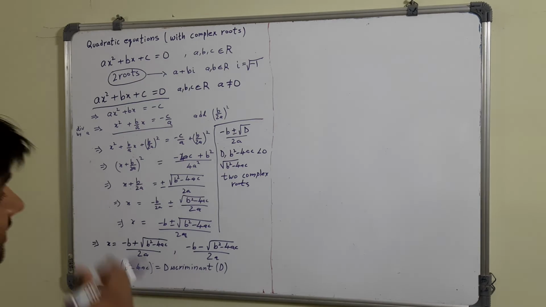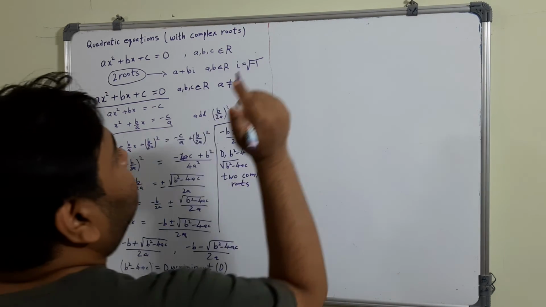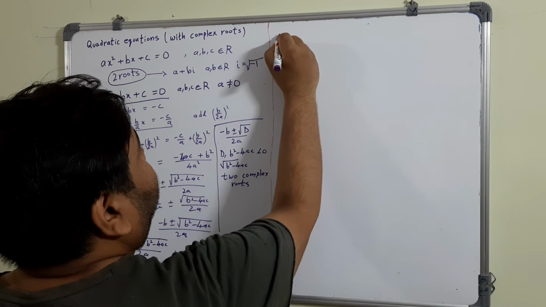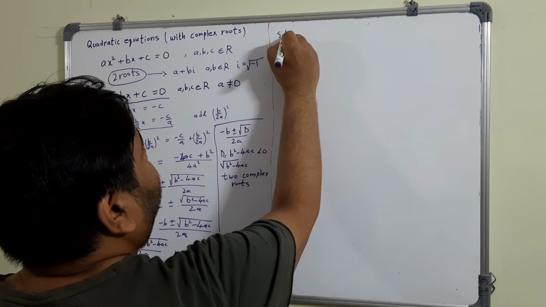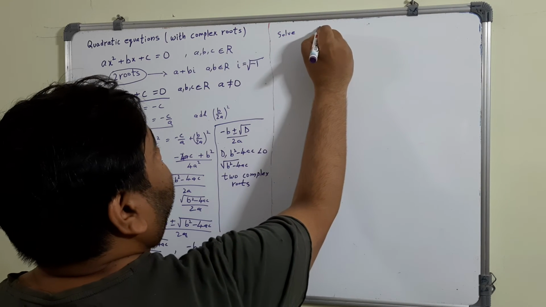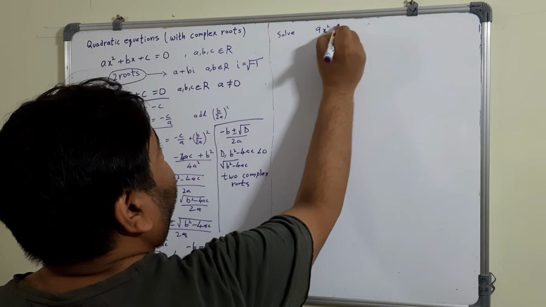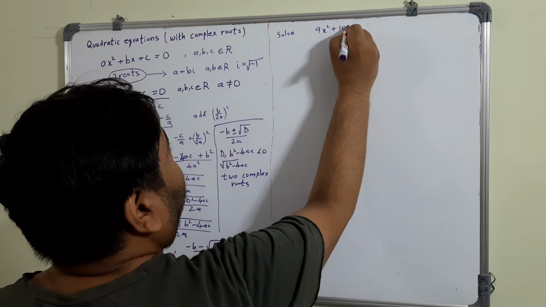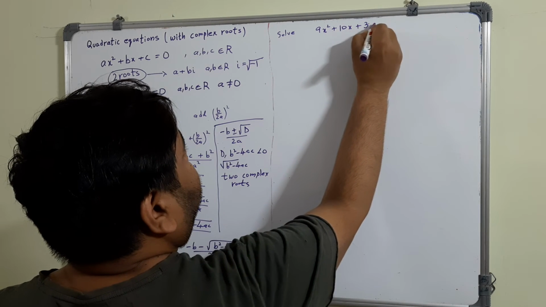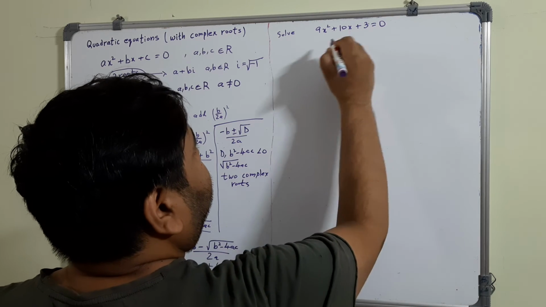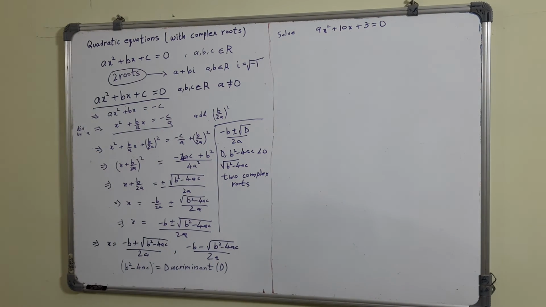Now we take an example of a quadratic equation. Solve 9x squared plus 10x plus 3 equals 0. This is a quadratic equation.